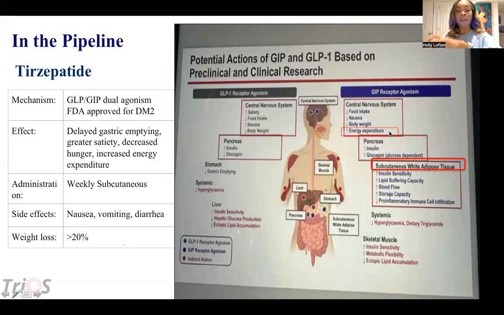The GIP helps the GLP agonism work better, but also increases energy expenditure and has effects on subcutaneous white adipose tissue. In increasing the insulin sensitivity of white adipose tissue, we see fat cells get smaller and decreased inflammatory immune cell infiltration. So this is helping our patients in more ways than we realize. And thus with tirzepatide trials, we saw upwards of 20% and greater weight loss.